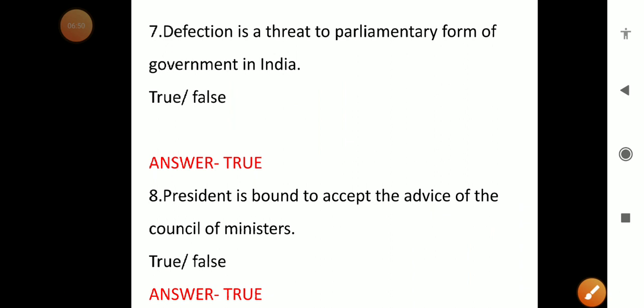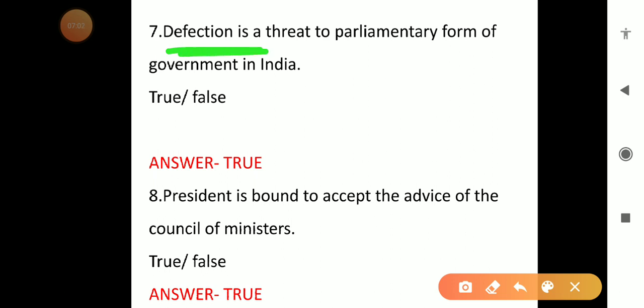Moving to the next question. Defection is a threat to parliamentary form of government in India. Defection is when a certain number of party persons or party legislators part away with the government or the party and form another group.